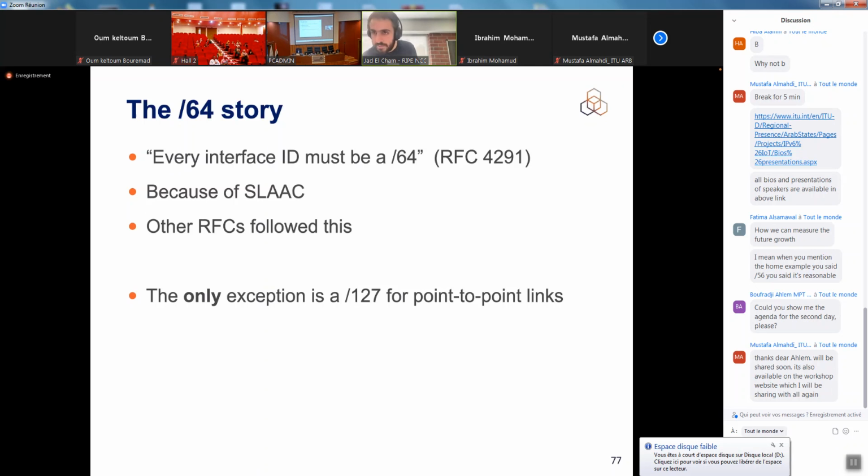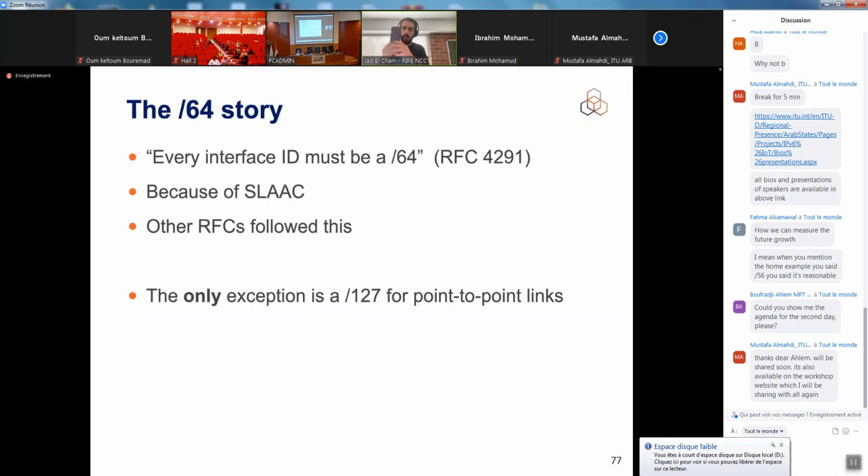This has to do with a mechanism called SLAAC, stateless auto-configuration. SLAAC means that in IPv6 networks, the IPv6 hosts, like my phone, my laptop, or whatever, can generate their own ID, their own IP address, okay? And this ID will be 64 bits.